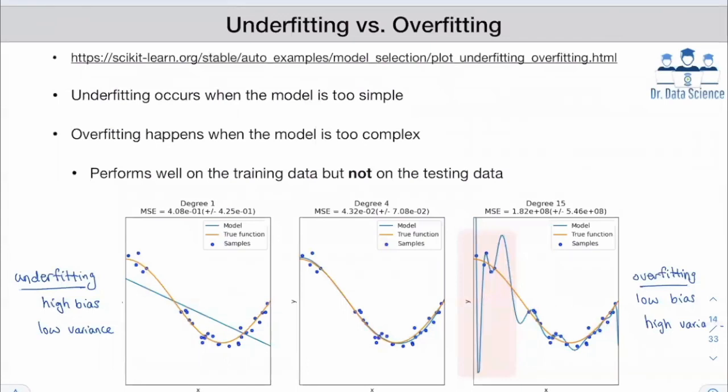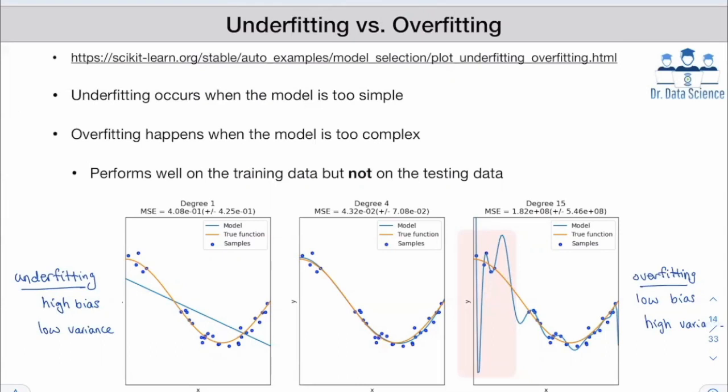Another way to look at this is through bias and variance. We can define bias as the error between average model prediction and the ground truth. It describes how well the model matches the training data set. A model with a higher bias wouldn't match the data set closely, and a low bias model will closely match the training data set.